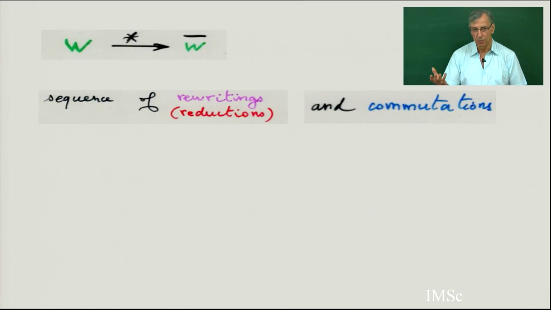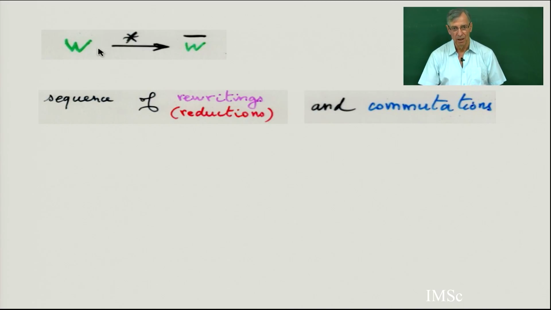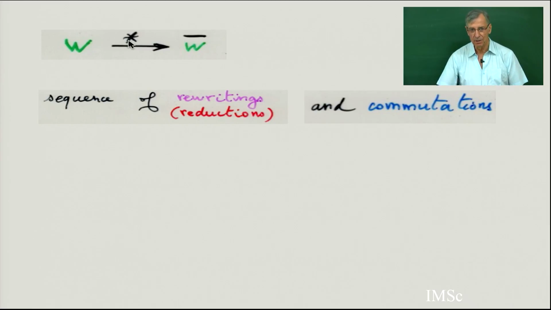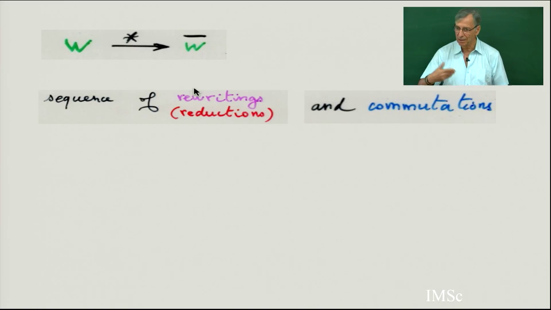So for reducing the word, I introduce this notation. If you take any arbitrary word in the generators, in the free monoid generated by the E_i, then this means the sequence of reduction, of rewriting. If you apply some rewriting and commutation, you get a certain word W bar. Each time you do a commutation, the length of the monomial does not decrease.